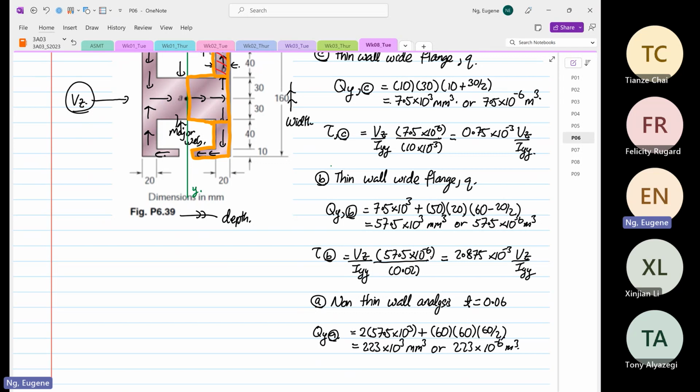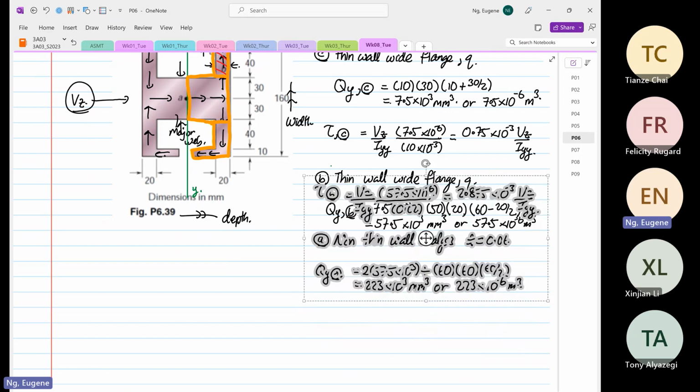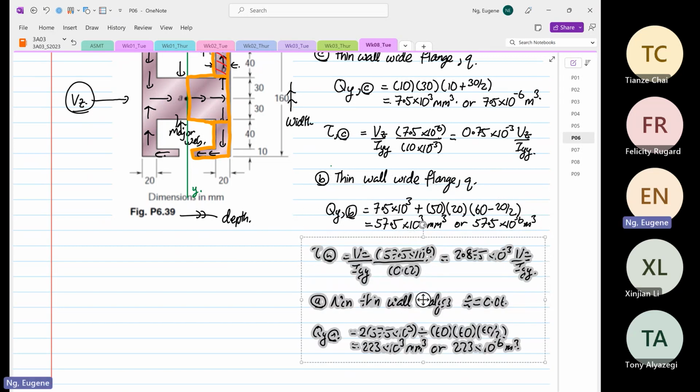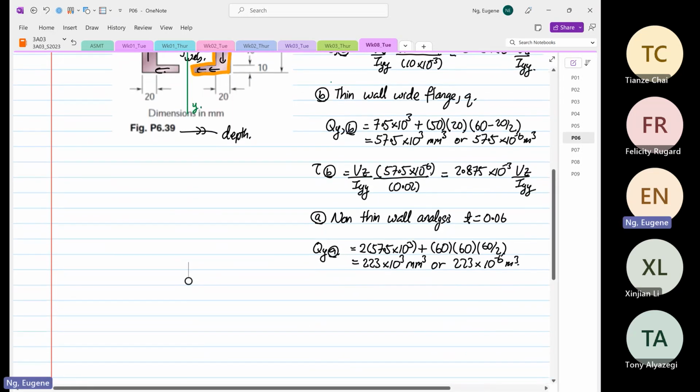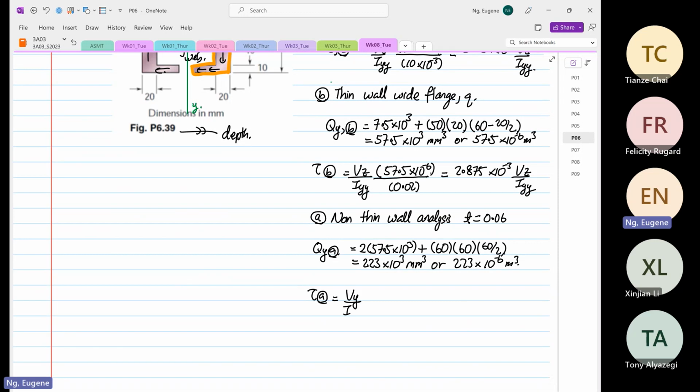Let me do it again. 57.5 times 10 to the power 3 times 2 plus 60 times 60 times 60 divided by 2, 223. Good. Okay. So now we find our shear stress at point A. So this is equal to Vy over Izz, and then we multiply by 223 times 10 to the power minus 6, and the thickness is 0.06.